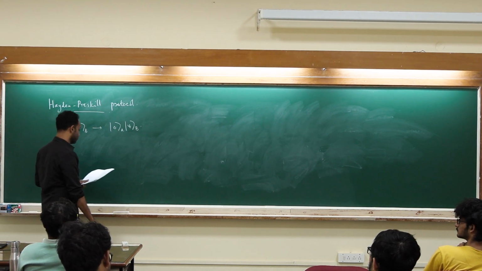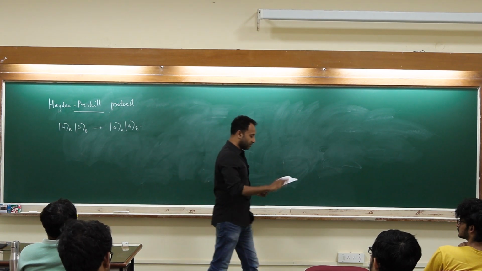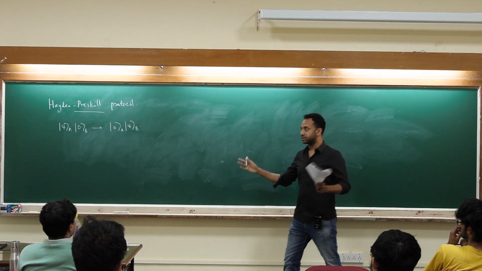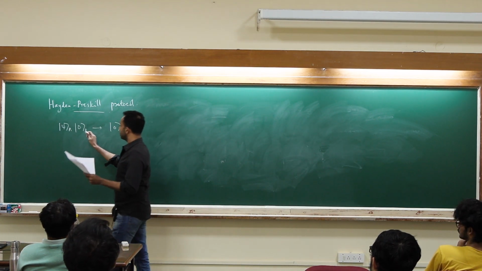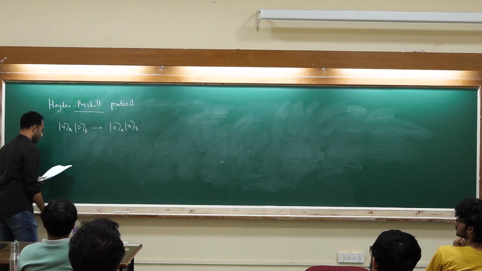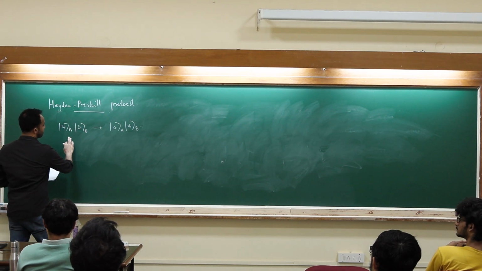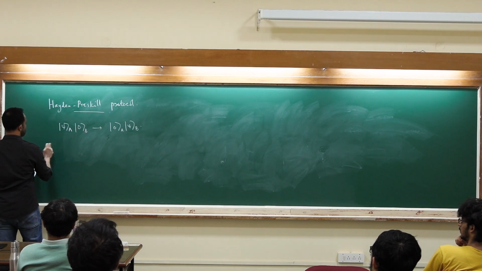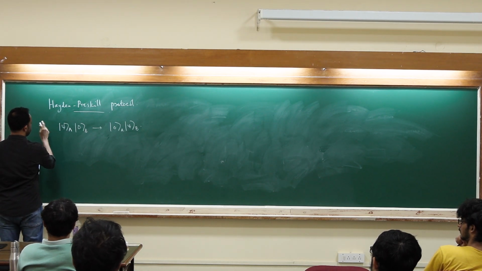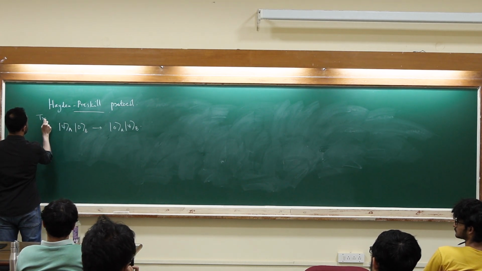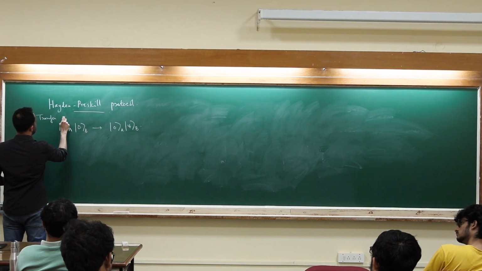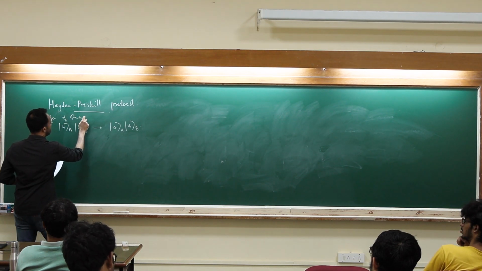I'm trying to follow Harlow here, even though in the second half I'm actually following the Hayden-Preskill paper. But let's start with Harlow. So let's say you can do this; then this is what we mean. If an operation can do this, then we say that we can transfer quantum information.